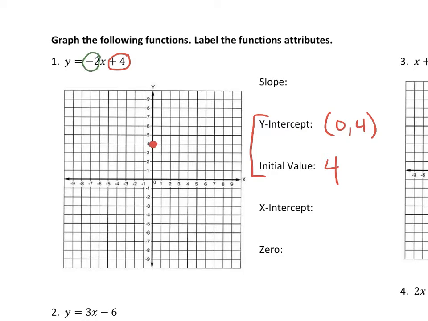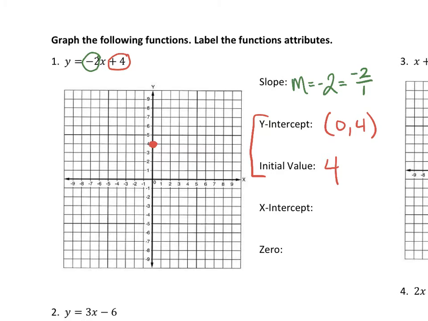Then I'm going to use the slope to create more points. The slope here, the m of this equation, is -2. Now it's really nice when this is in fraction form because we need a direction to go up and down and to the right. So we're going to go ahead and write the whole number -2 as a fraction, -2/1. Those are equivalent, so that I now see the rise and the run associated with this graph.